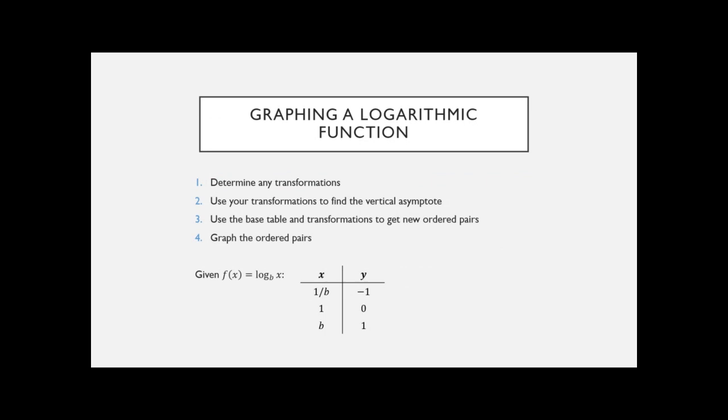I take this table and apply the transformations to these 3 points to get a new table. That's the table that I graph. That's how I graph anything that has transformations, and how I graph a logarithmic function: I use this base table, plug in my numbers, apply the transformations, and that gives me new ordered pairs. So that's what we're going to be doing.